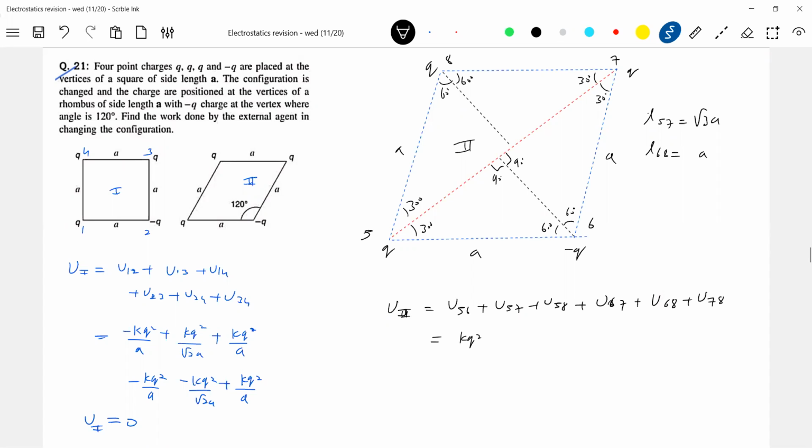U56 will be KQ square by A. 5, 7 is KQ square by root 3A. 5, 8 is KQ square by A. 6, 7 minus KQ square by A. 6, 8, and 7, 8 will be... Work done by external agent should always be final minus initial.